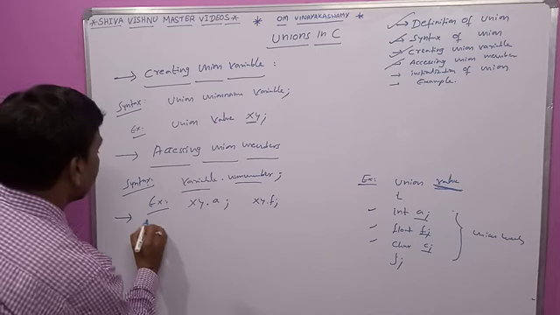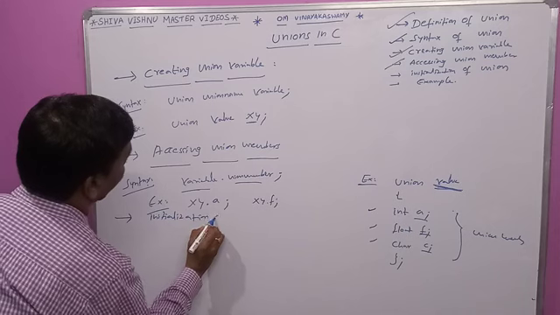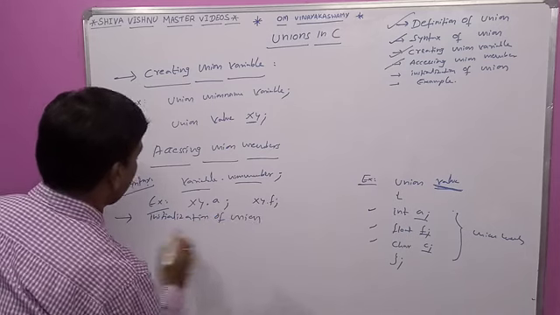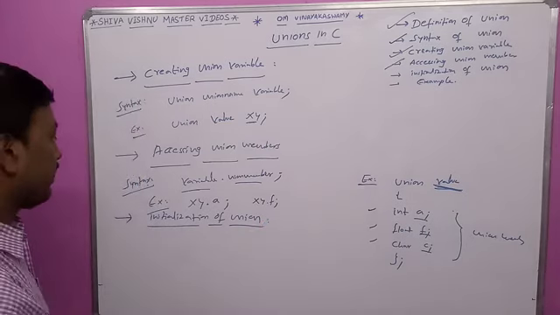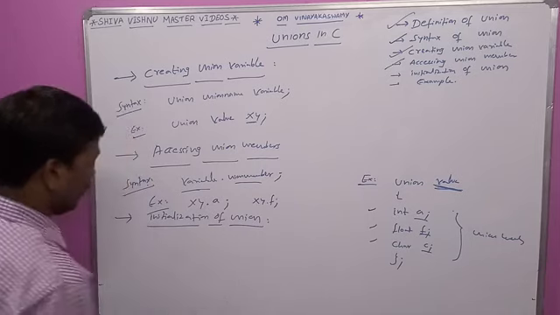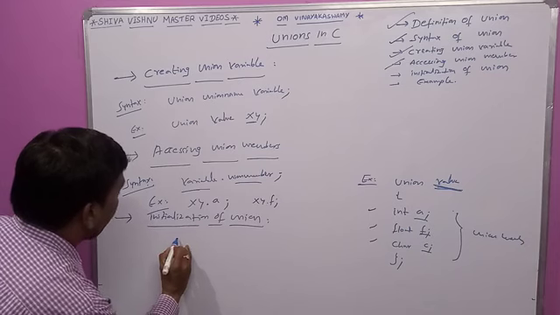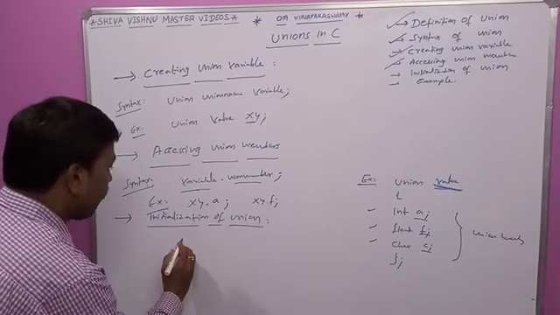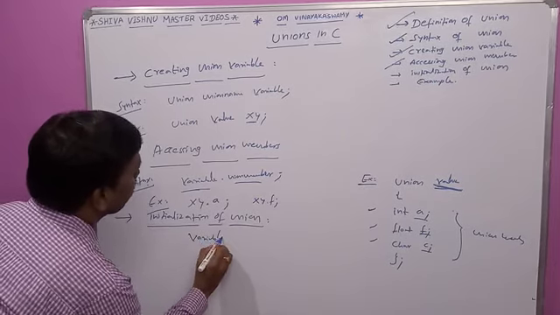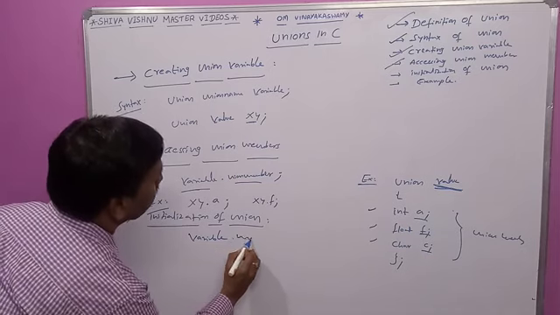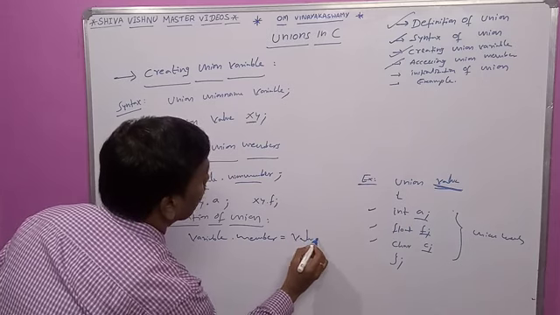Next, the initialization of union. Here also we have the syntax: variable dot member, assignment operator, value, semicolon.